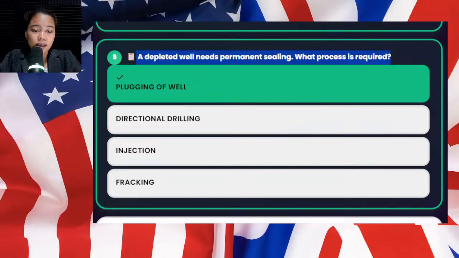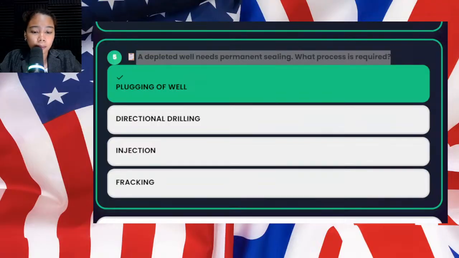Here we are referring to the process in which you permanently seal a well that is no longer productive using cement plugs at various depths to prevent fluid migration and to protect the environment.